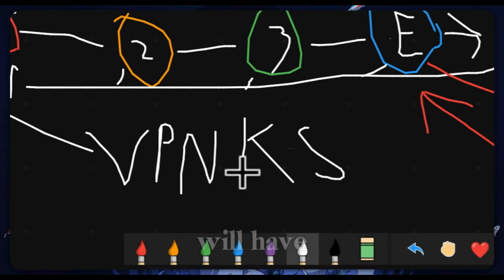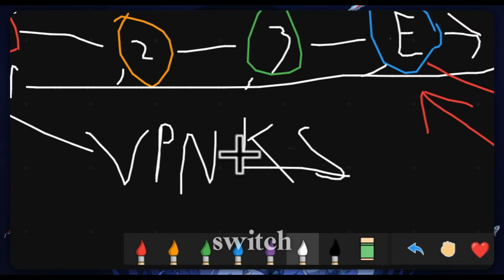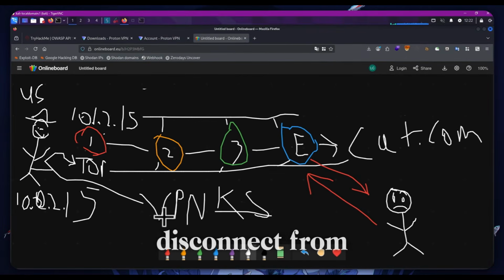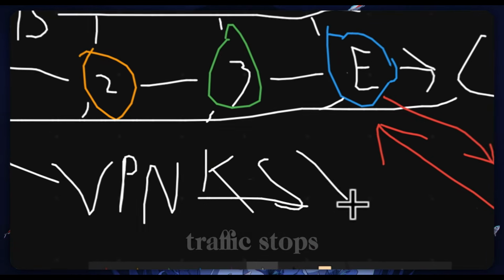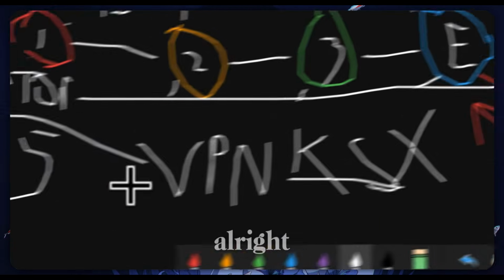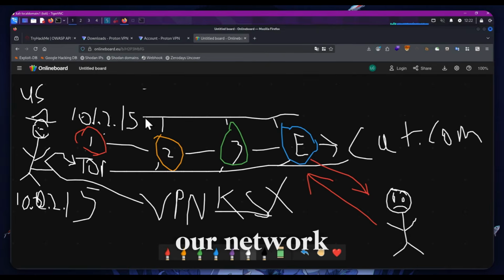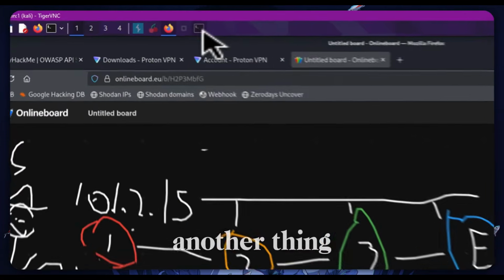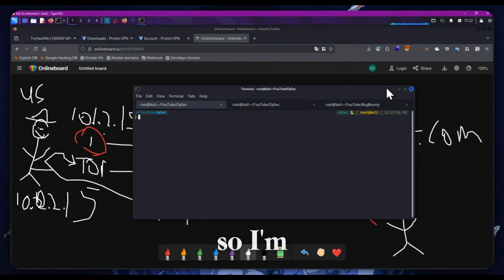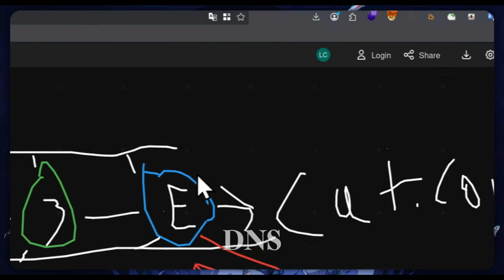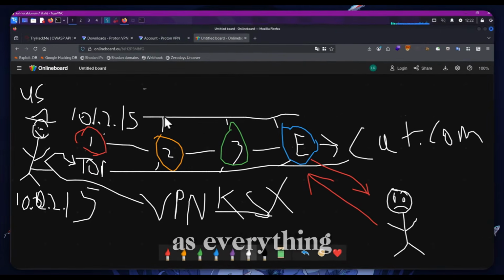Our VPN will have a kill switch, which means if we disconnect from our VPN even for a millisecond, our traffic stops. It kills all of our network traffic so that our real IP won't be shown. Another thing is our DNS can leak our real IP address, so I'm going to show you how to set up proxy chains to proxy your DNS as well as everything else.